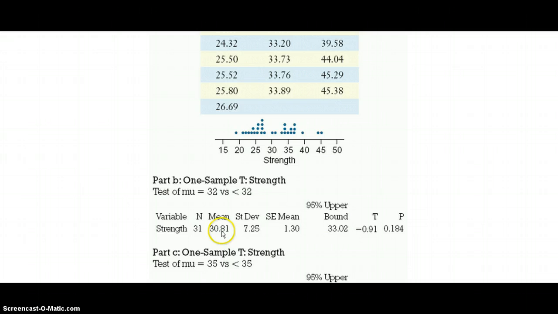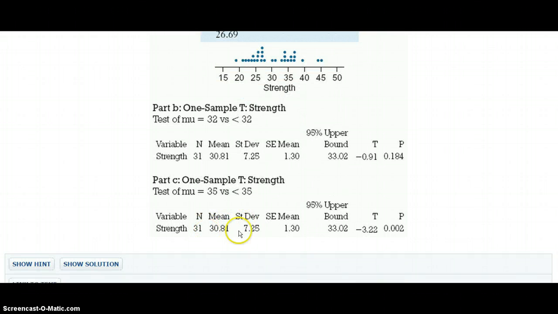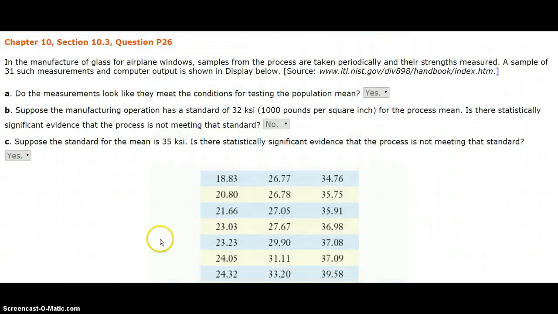So even though we were below, we didn't have enough evidence to say that it was significantly below. Whereas with this one, same thing, we were below, but we were far enough below that we could say, yes, this is statistically significantly below.